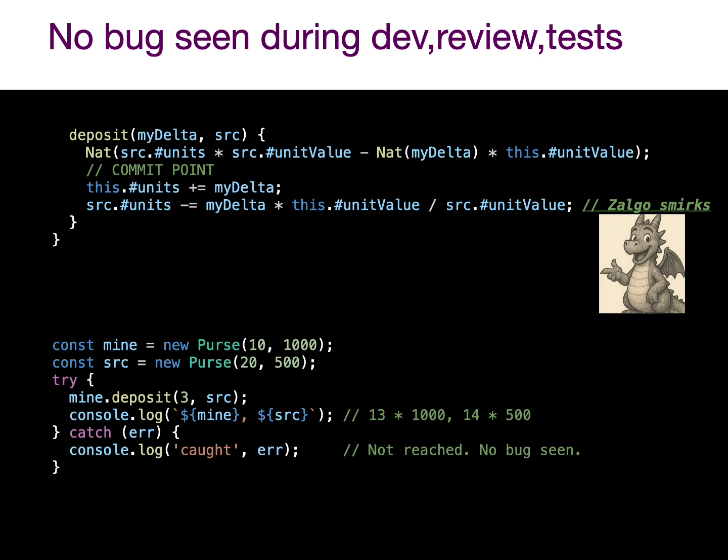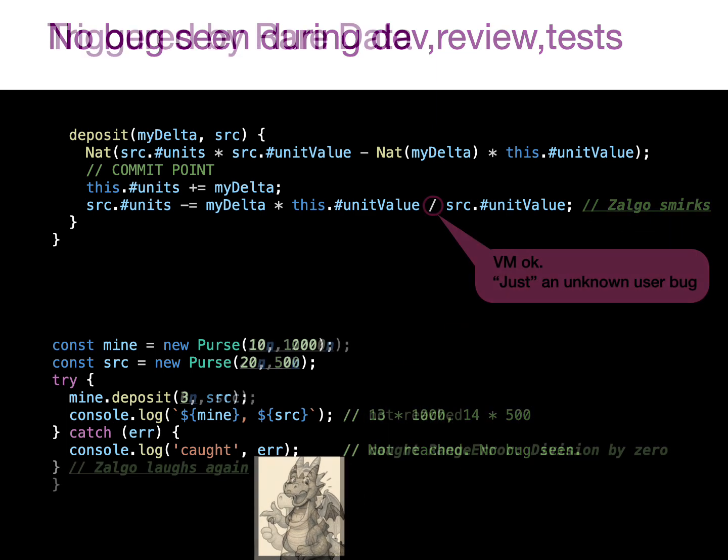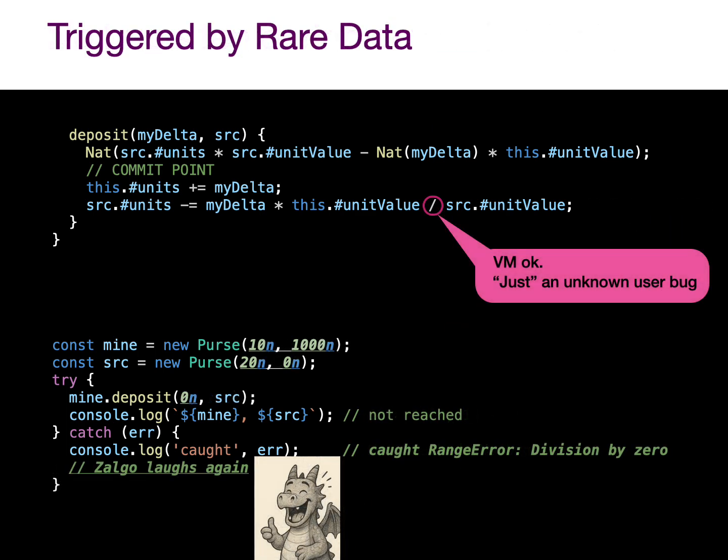And the data coincidence is shown over here, where it happens if we're providing it big ints rather than numbers, and there's a 0 here on the unit value of the source purse, which is not something that the developer might have thought to try, and a 0 in the amount in the destination purse of the amount we're trying to increment the destination purse by.